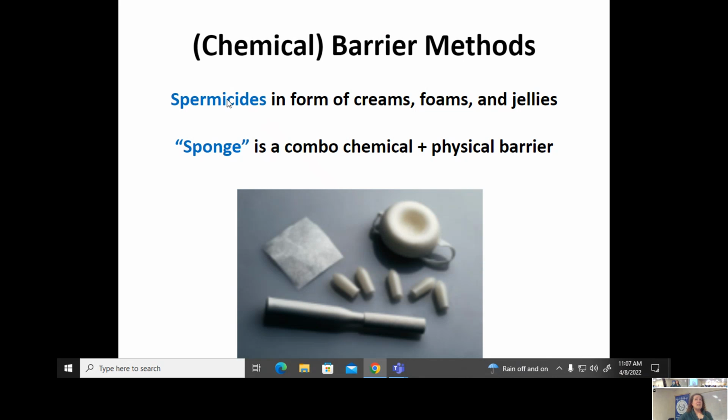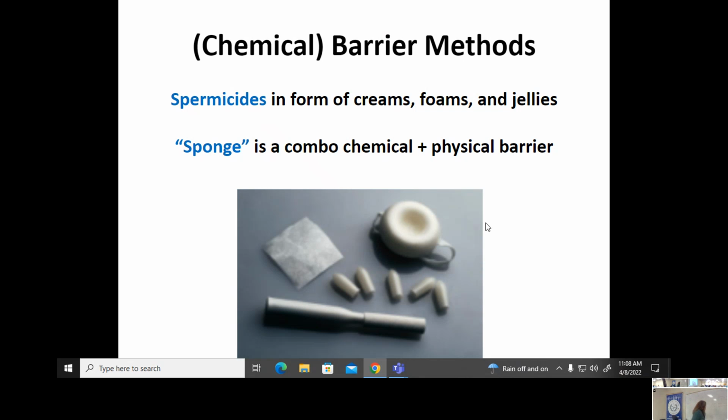They can be used alone, but they're not great because with 200 million sperm, even if you get 90% of them, that's still a lot of sperm. So they tend to be used in conjunction with barriers. There are certain condoms that have spermicide associated with them, as well as other barrier methods.